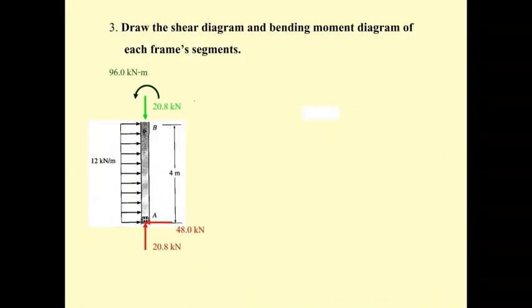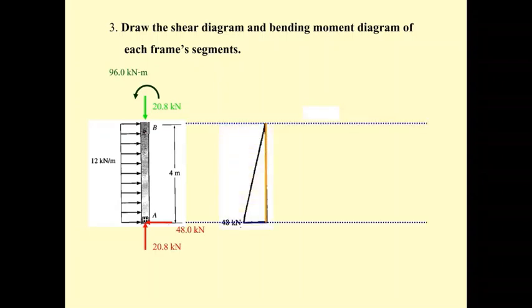We first take the column AB as our first piece. When you draw the shear diagram of the column, it's going to be from A to B. That means you got to put x equal to 0 here, and then up here is going to be 4 meter.